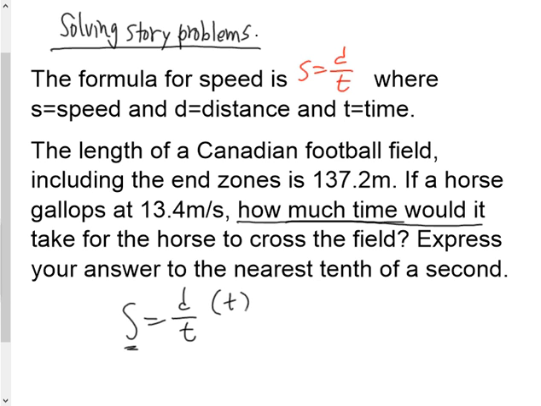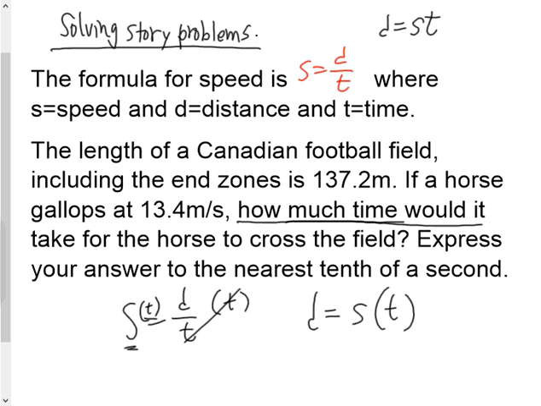So here I'm going to multiply both sides by T. I'm going to get another formula: distance equals speed times time. So by multiplying both sides by T, I've now created a second formula. Since S equals D divided by T, then distance will equal speed times time as well.